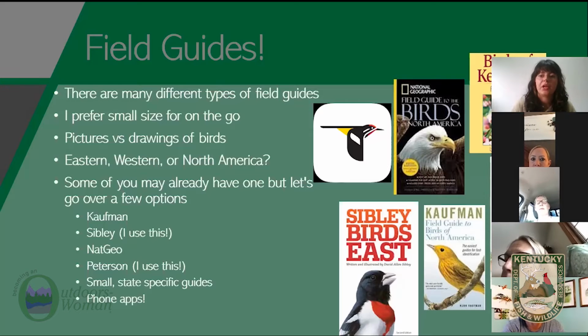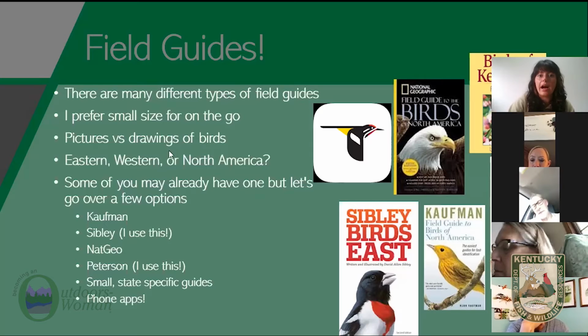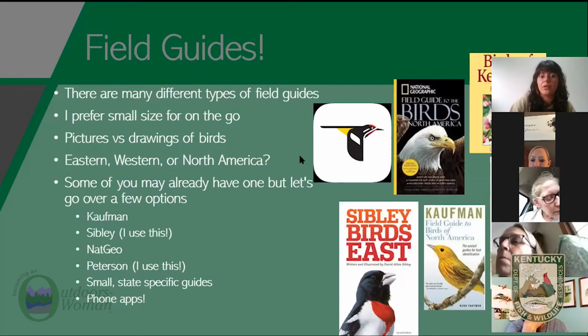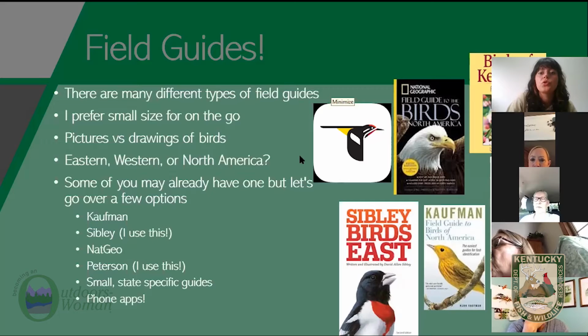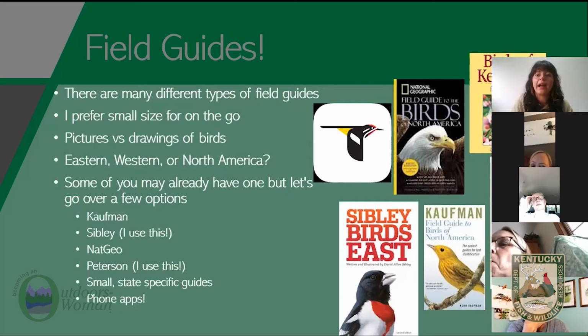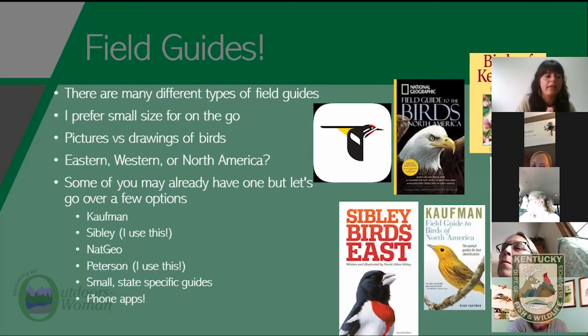What happens with a picture of a bird sometimes is that the lighting in the picture can be off, and therefore it can make the bird look different than what you're actually looking at in person. Drawings are more of the ideal shape, body, color of what that bird should look like. There's no shadows, there's no play of light, it's just the bird. So that's why I like that better.